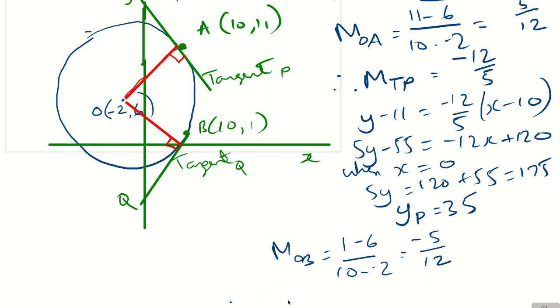Therefore, the gradient of the tangent Q is going to equal 12 over 5.